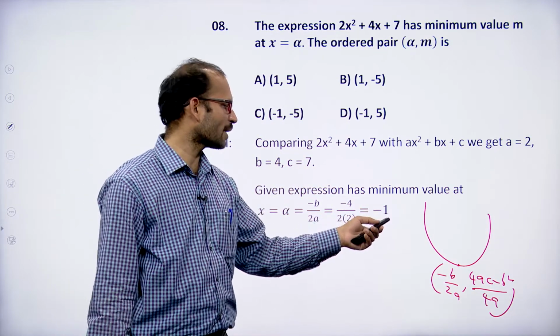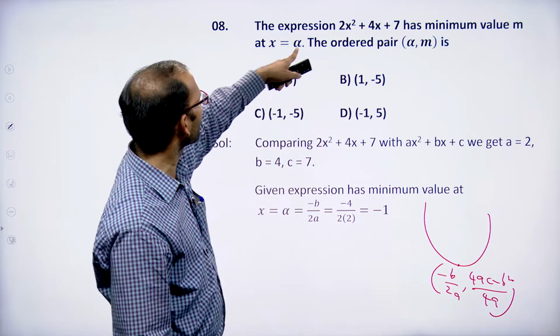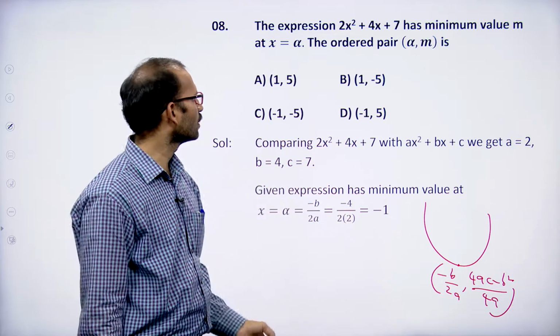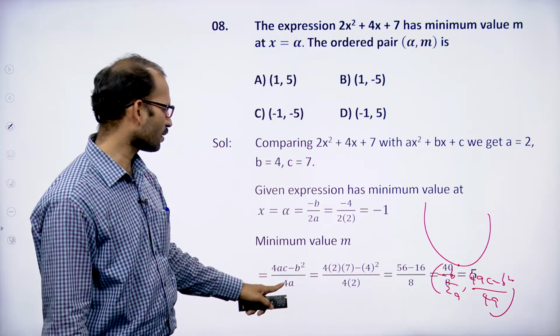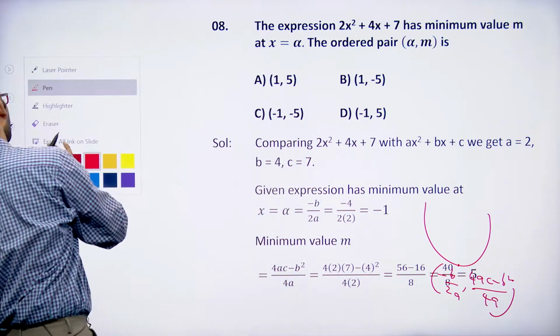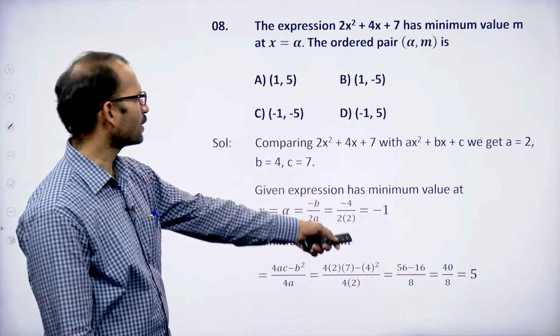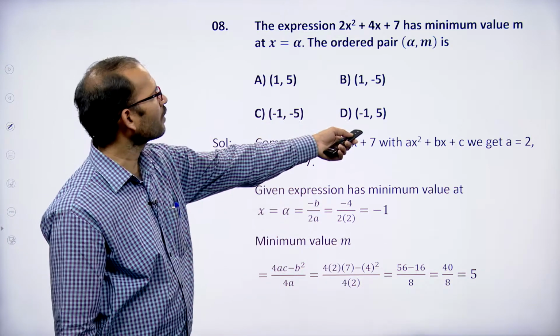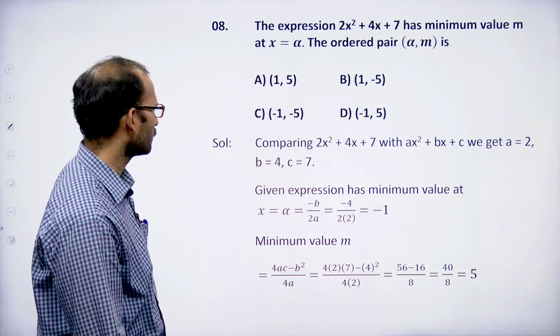So at x equal to minus 1 we will get the minimum value, that is alpha equal to minus 1. So the minimum value m equals (4ac minus b square) by 4a. Its value is 5. So therefore minus 1 comma 5 is the pair alpha comma m. Okay, done.